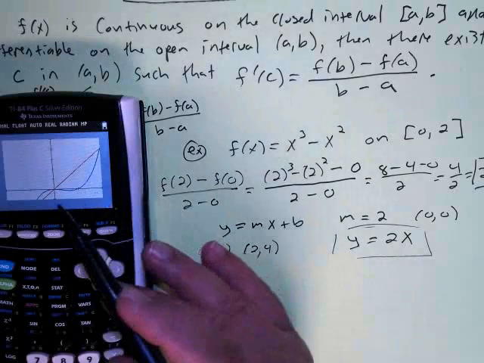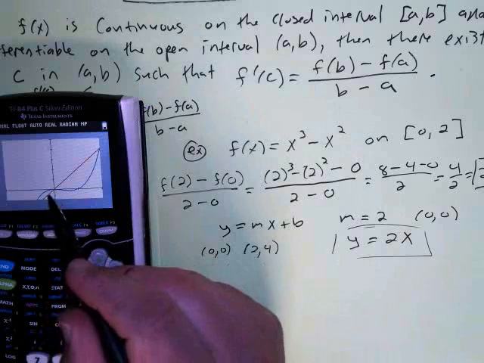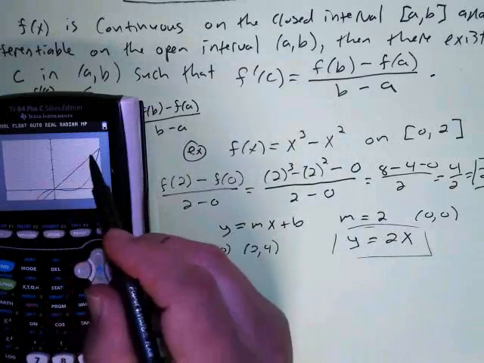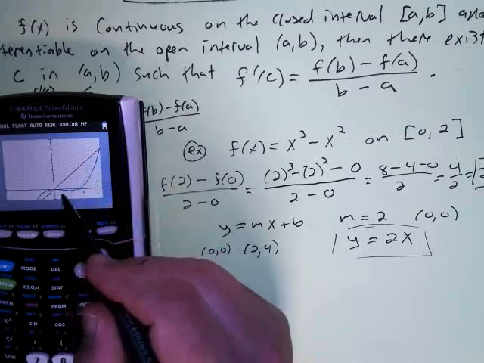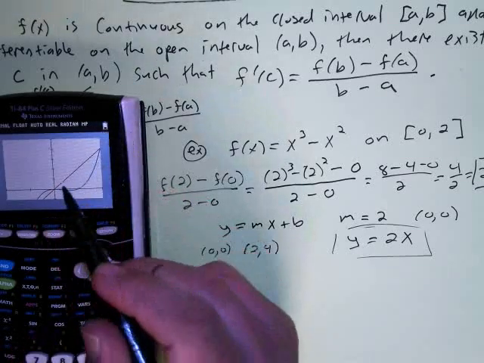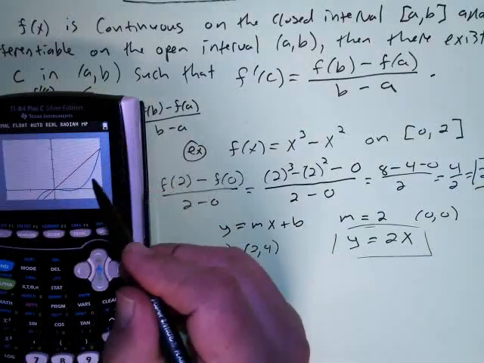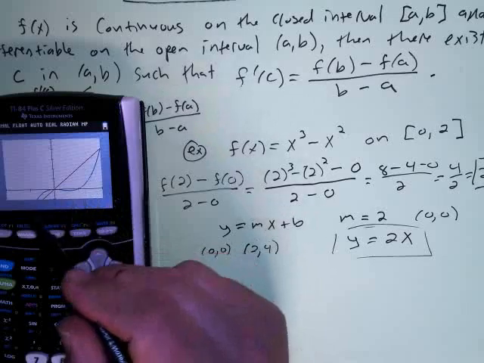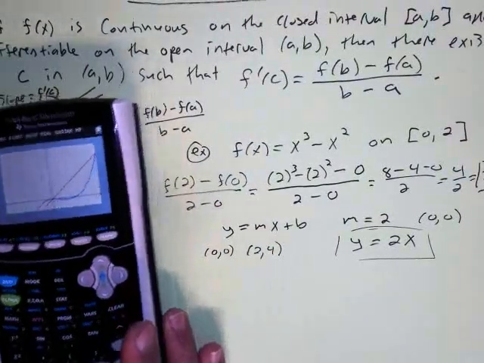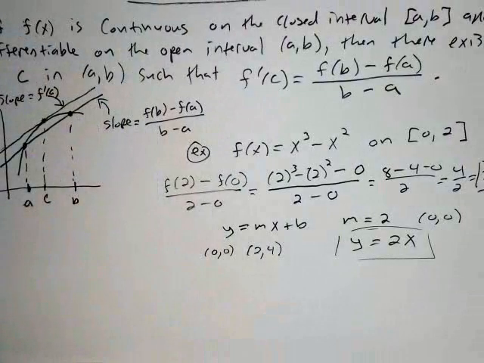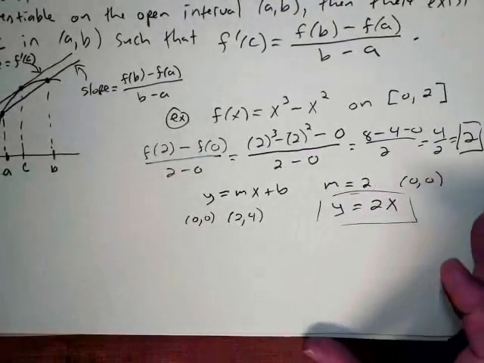Since this function is continuous on the closed interval 0 to 2, and differentiable on the open interval 0 to 2 because it's a polynomial, there should be some point in here where the tangent line is parallel to this line. And that makes sense. So let's see if we can actually find that point.